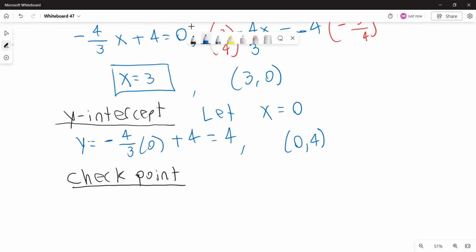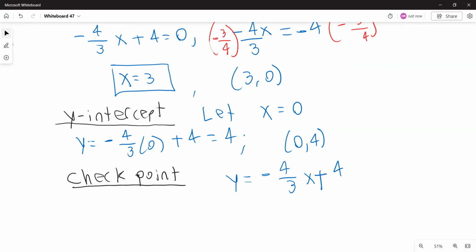Okay, so I'm going to rewrite the equation. The equation was y equals the opposite of 4/3 x plus 4. We are going to choose the point so the coordinates don't involve fractions. We already chose x equals 3. I'm looking for a number that is divisible by 3.